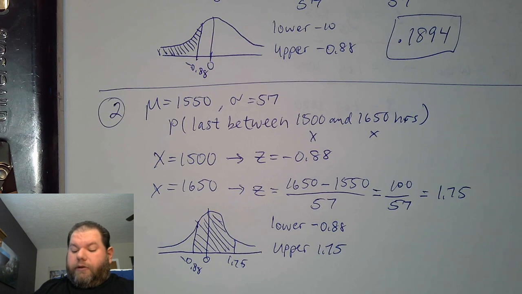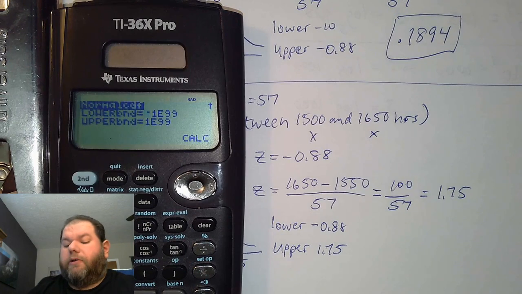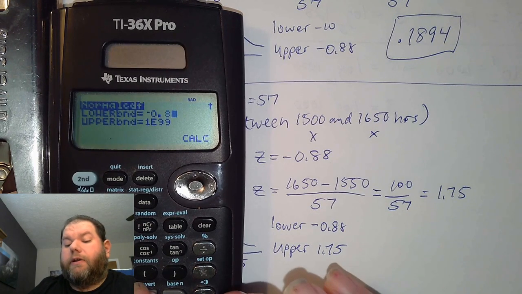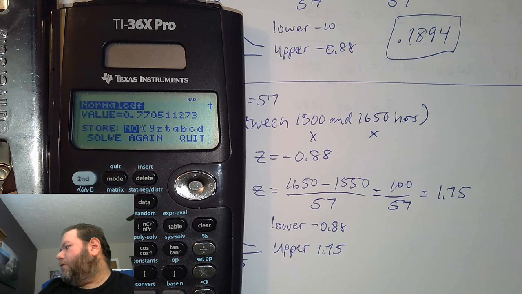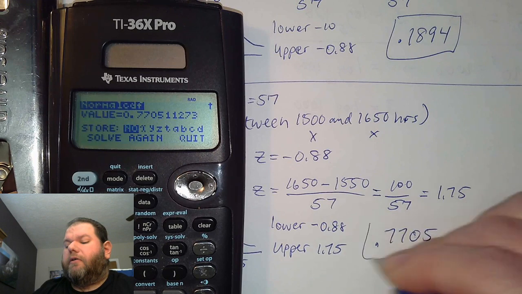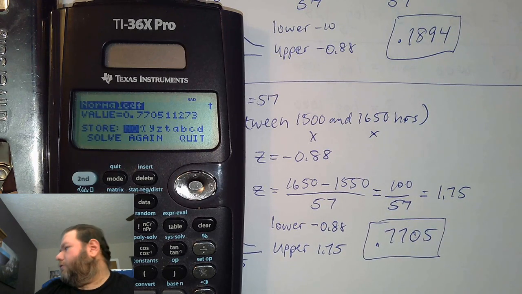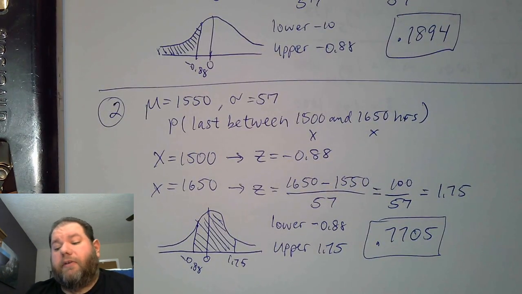So we can put those into the calculator. The lower bound is negative 0.88. Upper bound is 1.75. Calculate. So we get 0.7705. And as we said, we'll go ahead and make these two multiple choice.